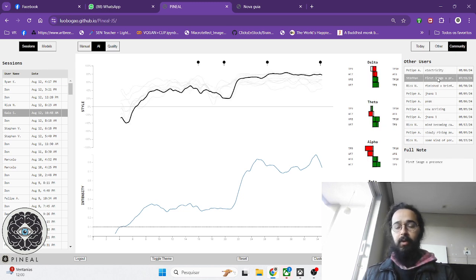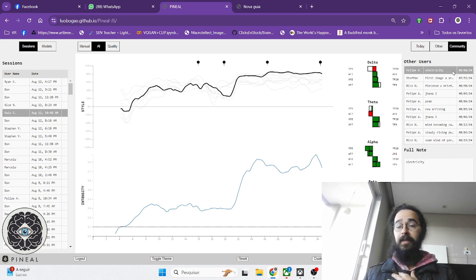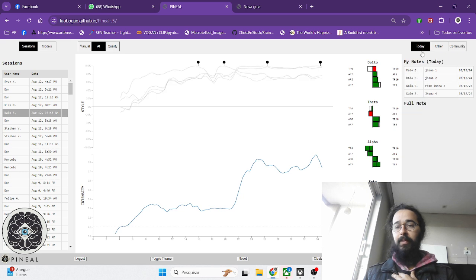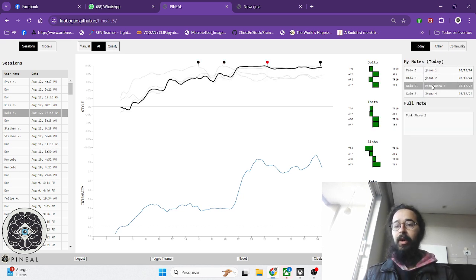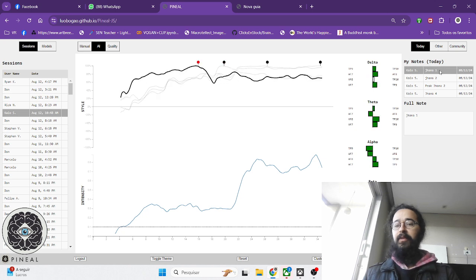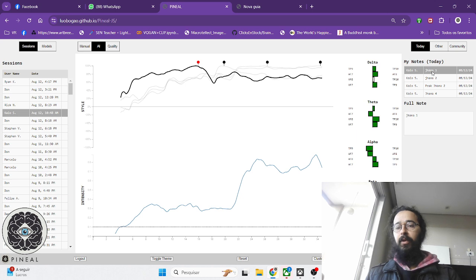This is really, really cool to understand subjectivity, style, and intersubjectivity between people. And for example, as a meditation teacher, I can check if my students are learning what I am trying to teach. So for example, I am now creating some models of each one of these jhanas, these specific states of absorption.